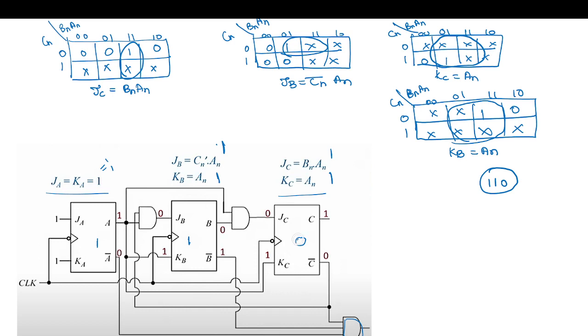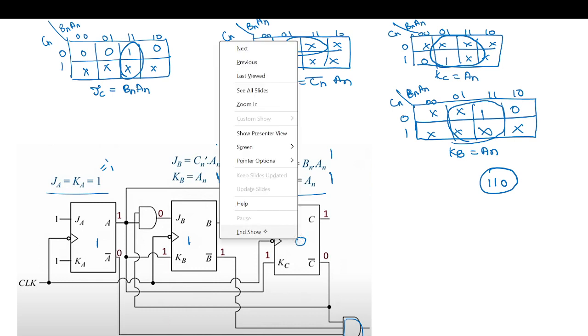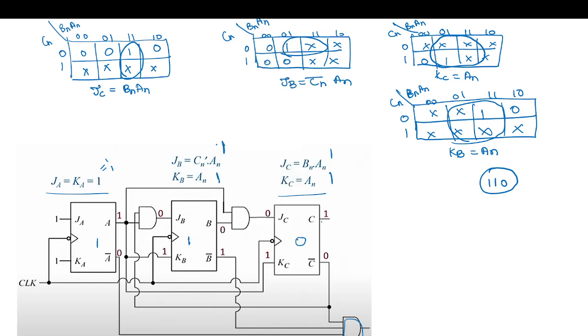What will be the state of the flip flop if it is 1, 1, 0? 1, 1, 0 means this is the LSB, this is the MSB.